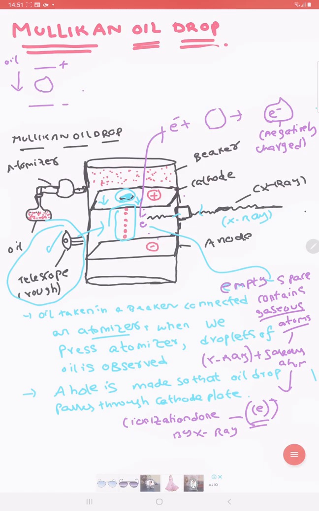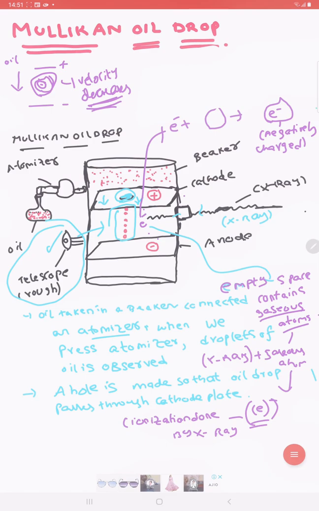But you can see, as this is negatively charged due to ionization done by the X-rays which have passed through the empty space, at some point of time the velocity decreases.